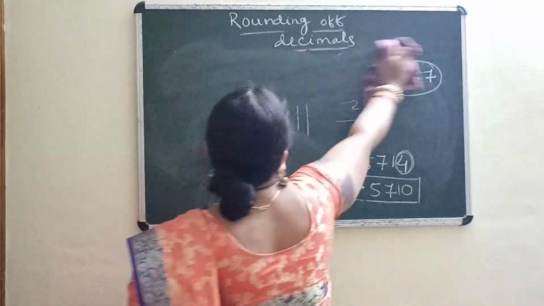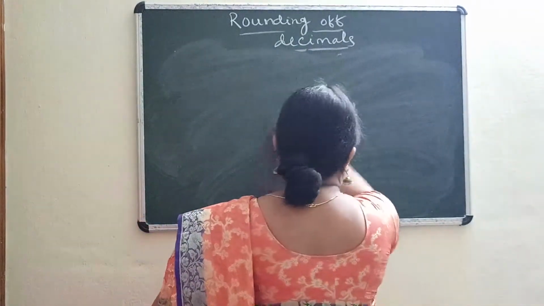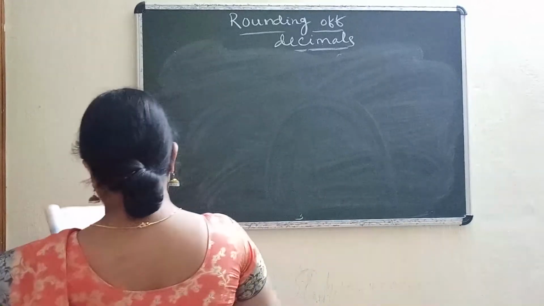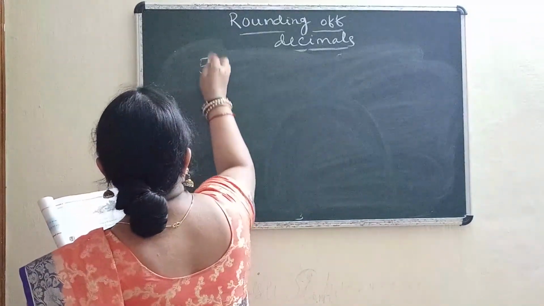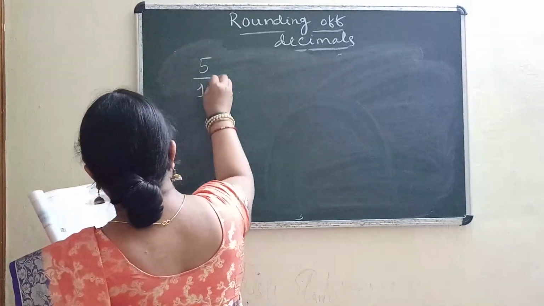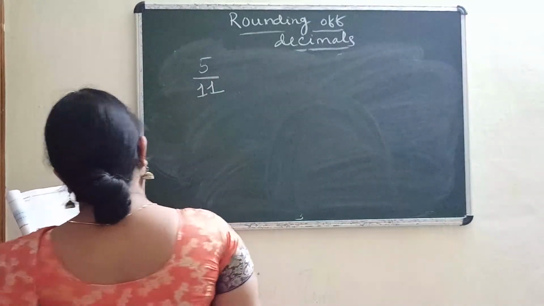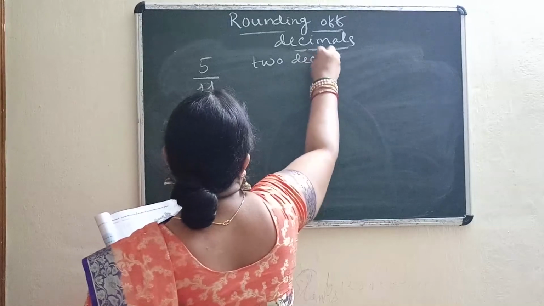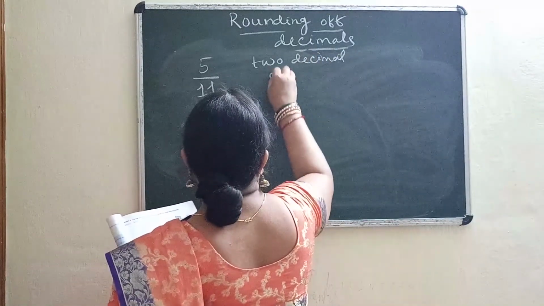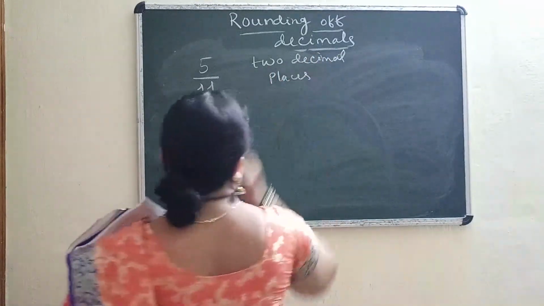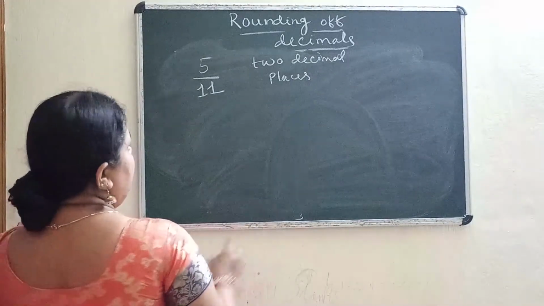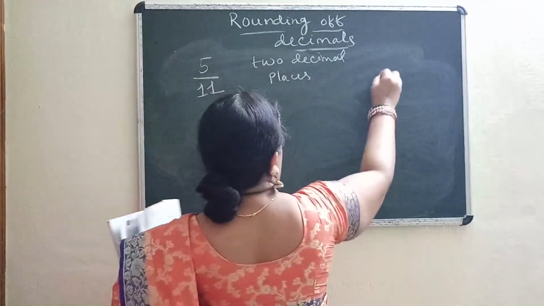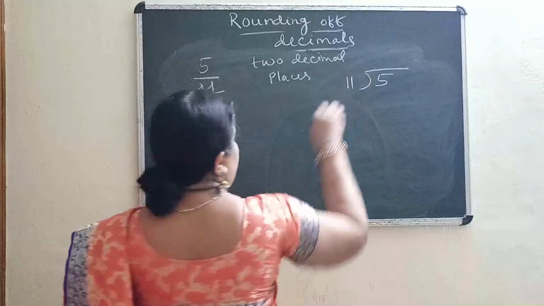So let me show one more example. Suppose it is given 5 by 11 and it is asking correct to 2 decimal places. Okay, correct to 2 decimal places. So 5 divided by 11.